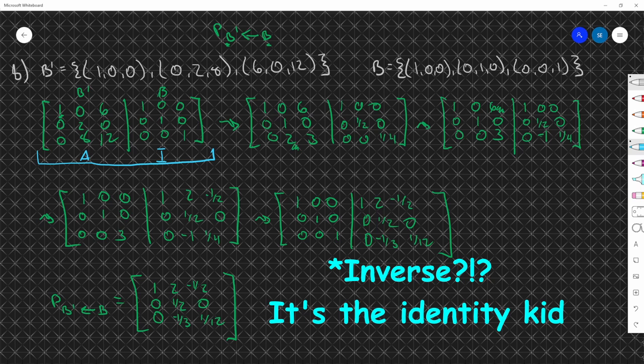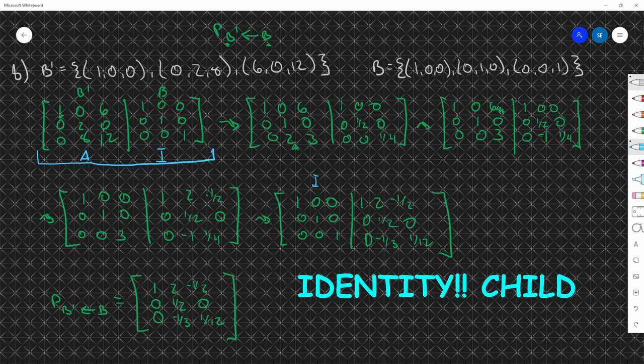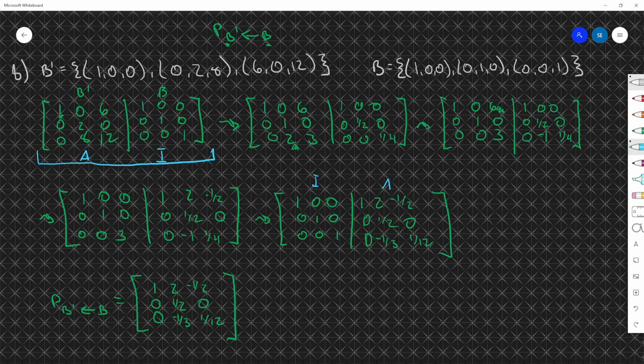And now we finish it off with the inverse here. And when we usually take the inverse of a matrix, the right side is just the inverse.